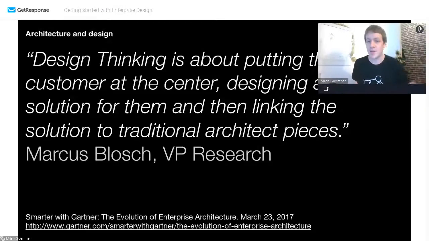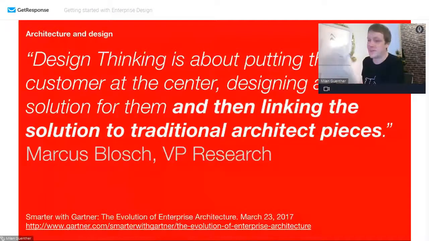They say, okay, no, let's actually use an outside-in view. Let's look at it from the customer, design a great solution for the customer, and then link that solution to traditional architecture pieces. And what we found often quite painfully in our projects is that this doesn't work.